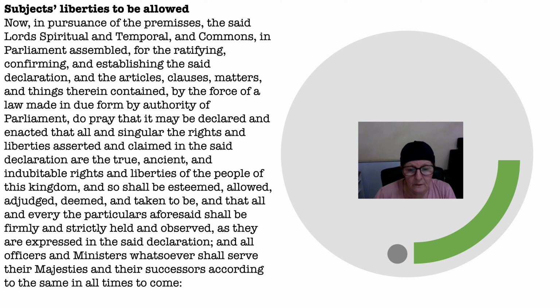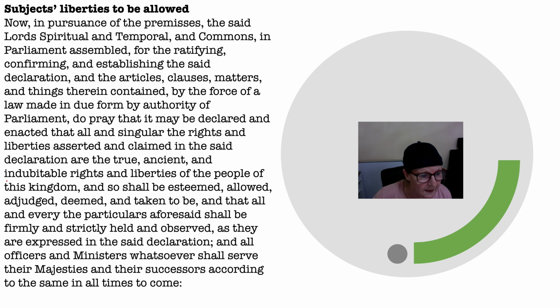And then what happens is, if you look at the 1688 Bill of Rights, you'll see a list of about 10 or 12 rights. And then if you see that any of these rights have been infringed upon, you go to the judge, and this says the subject's liberties to be allowed.